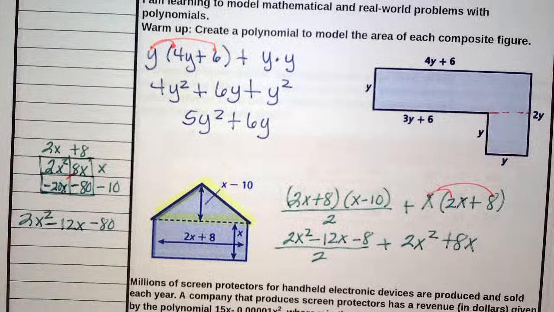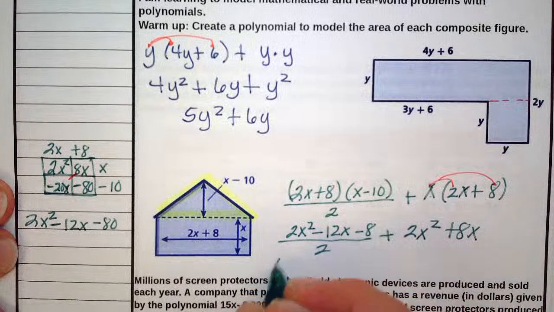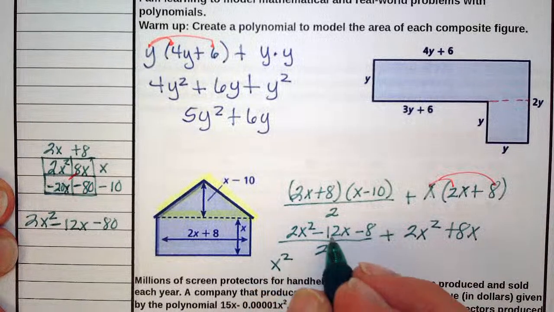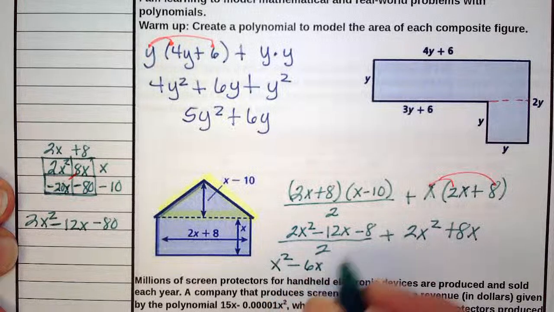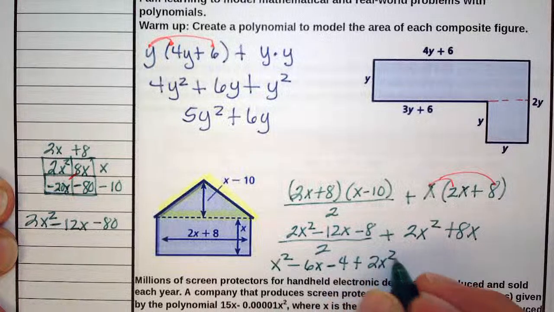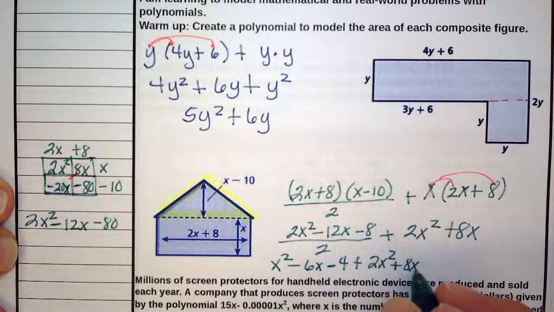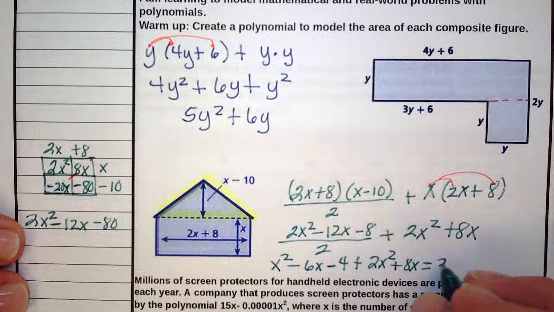Okay, we're almost done. 2x squared divided by 2 is x squared. Negative 12x divided by 2 is negative 6x. Negative 80 divided by 2 is negative 40, plus 2x squared plus 8x equals. Okay, combine our like terms. X squared plus 2x squared is 3x squared.